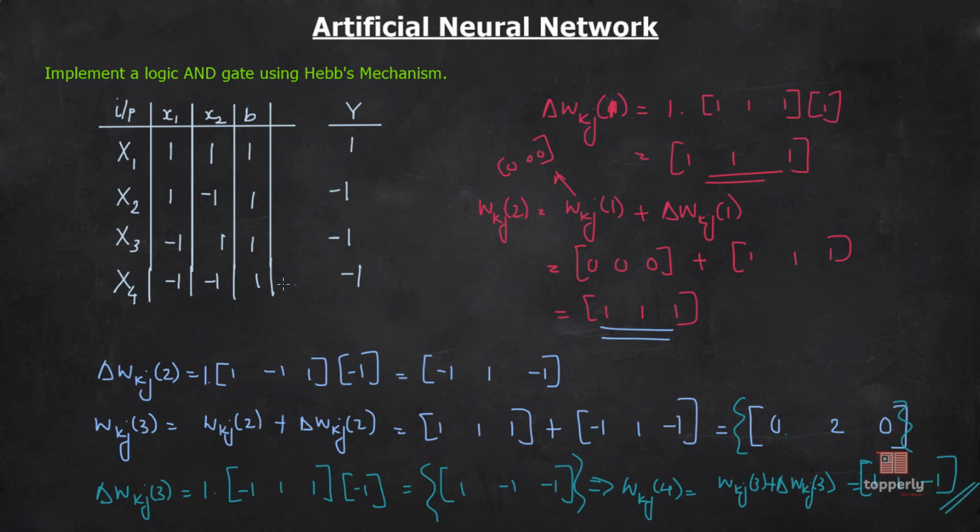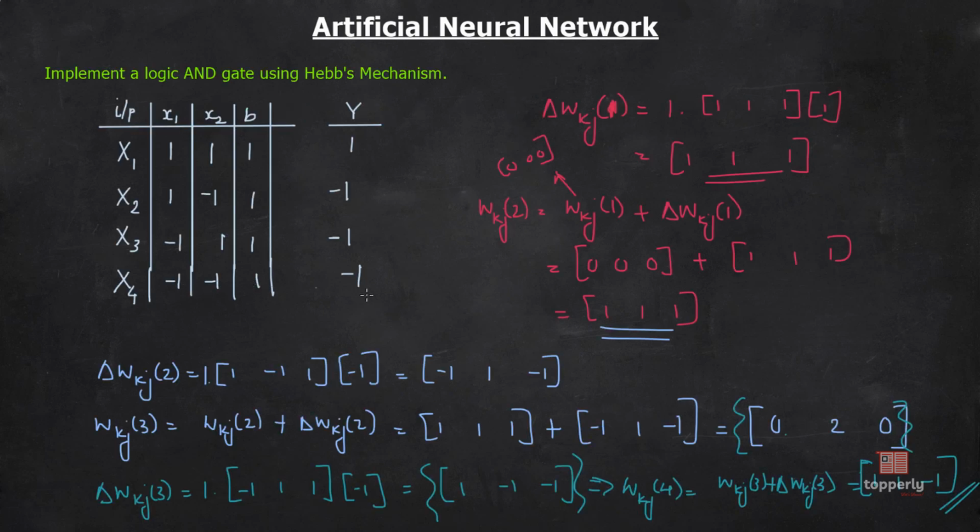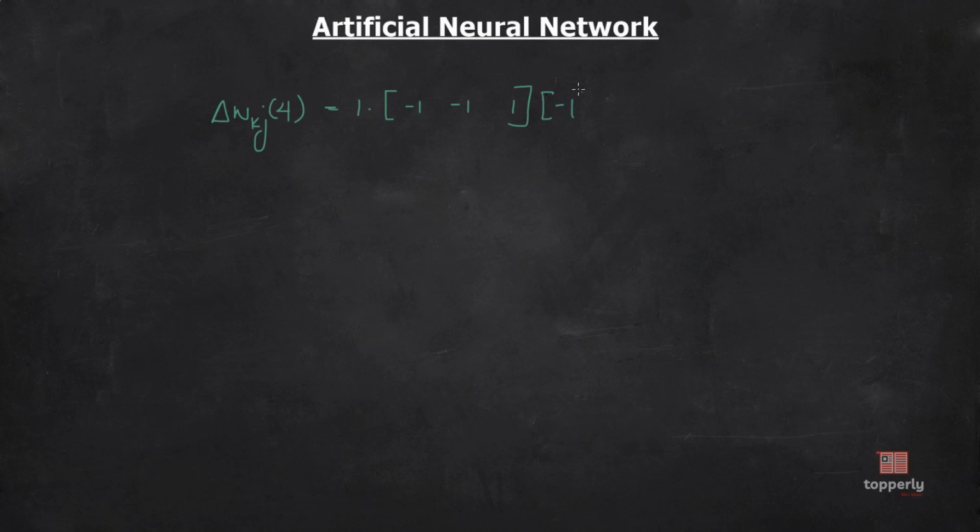Now, moving on to the fourth input-output pair, we will write it as delta wkj of 4 equal to learning parameter, that is 1, into minus 1, minus 1, 1. See, the inputs are minus 1, and 1, and the output is minus 1. Therefore, into minus 1, which can be written as 1, 1, and minus 1.